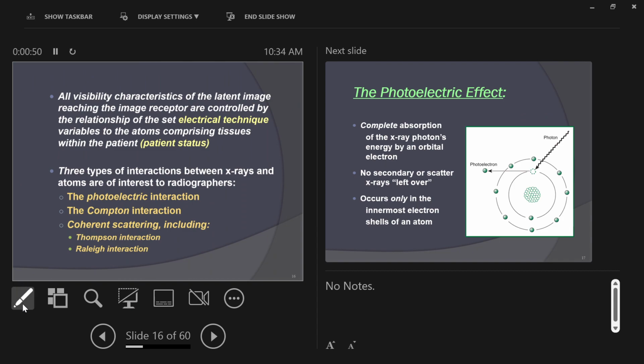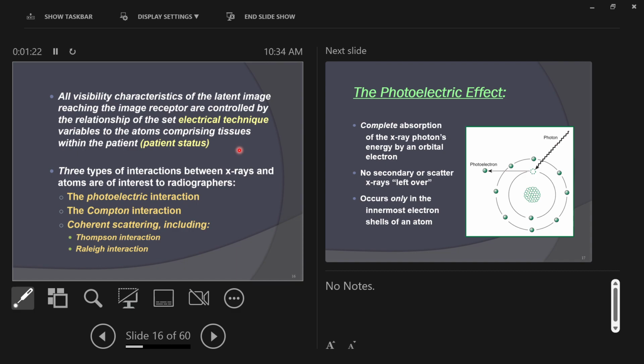So let's start here. All visibility characteristics of the latent image, we'll need to make sure we understand what latent image means, but all visibility characteristics of the latent image reaching the image receptor are controlled by the relationships of the set electrical techniques, electrical variables, to the atoms that make up the tissues. So how the X-ray beam interacts with the tissue. You change the X-ray beam by changing the electrical settings, right?